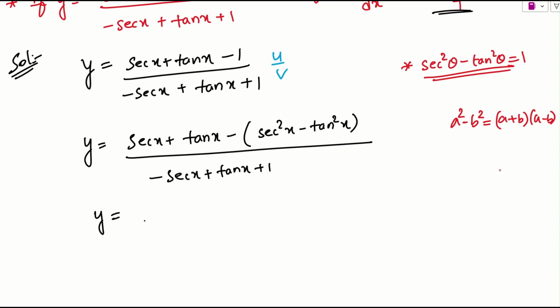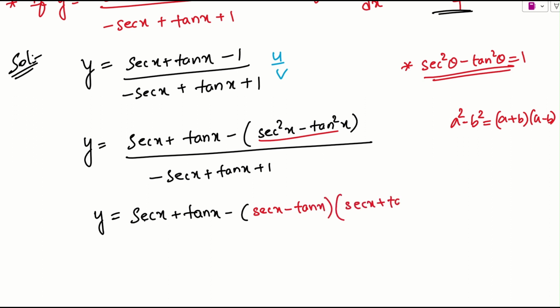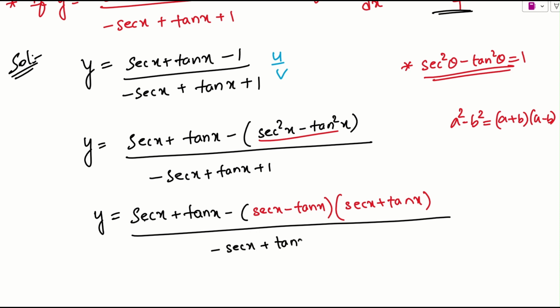Same formula I'll apply here to secant square x minus tan square x. So the numerator is secant x plus tan x minus 1, plus the product of secant x minus tan x and secant x plus tan x. The denominator will be minus secant x plus tan x plus 1.